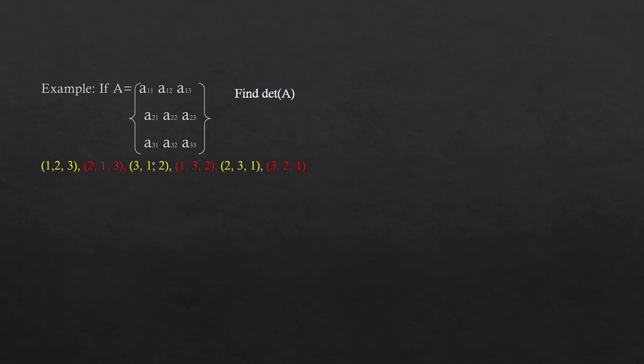So now for an example, we say A is equal to this matrix, then find det A. And our permutation 1, 2, 3 is just j1, j2, j3 in our definition, and so on.